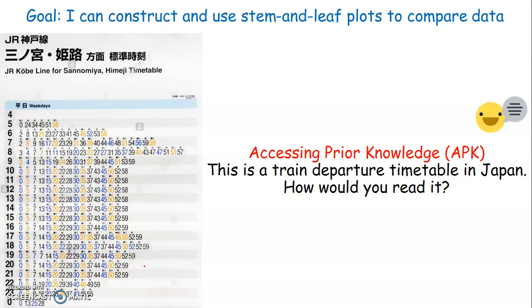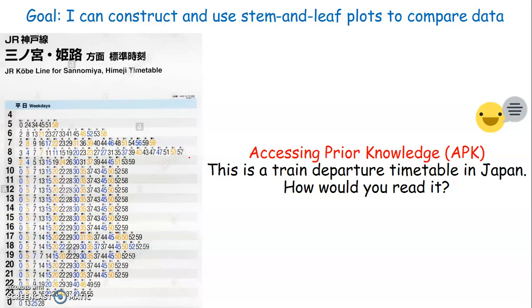We can see that between 7 o'clock and almost 9 o'clock, we have quite a lot of trains.